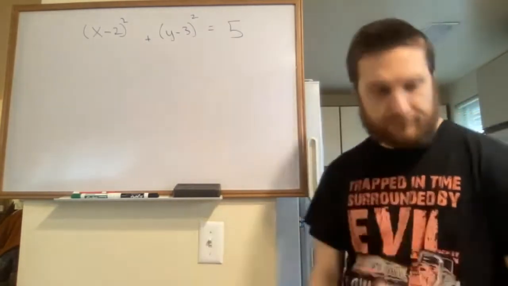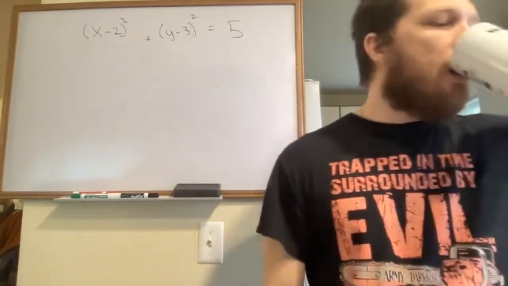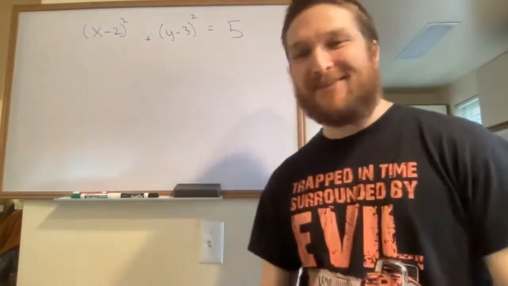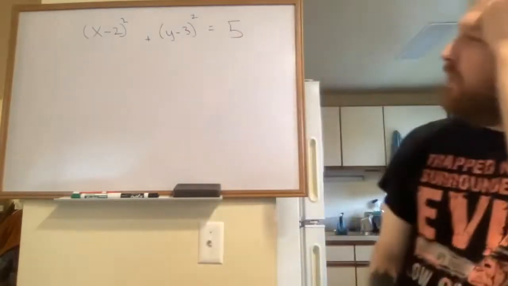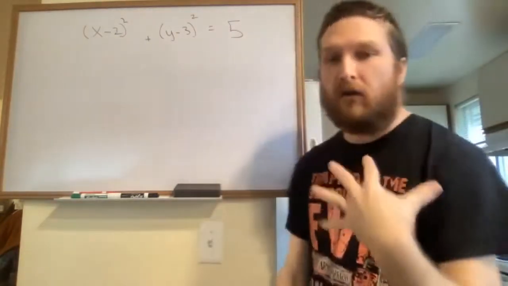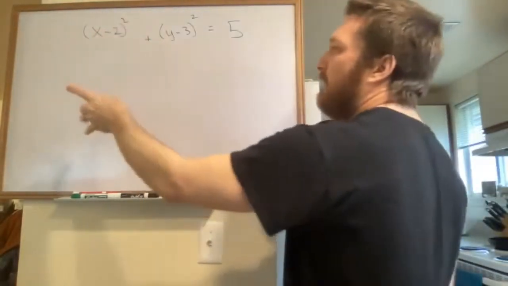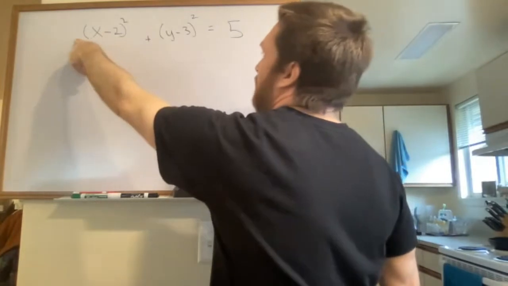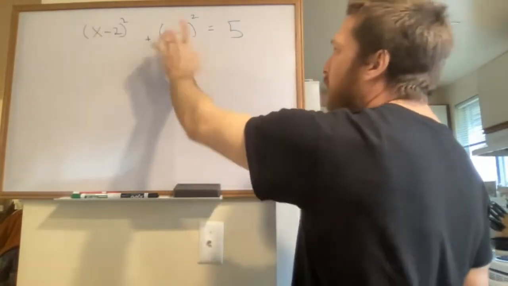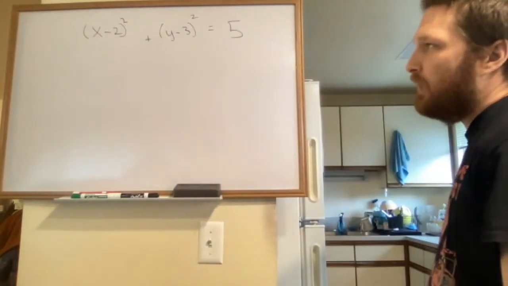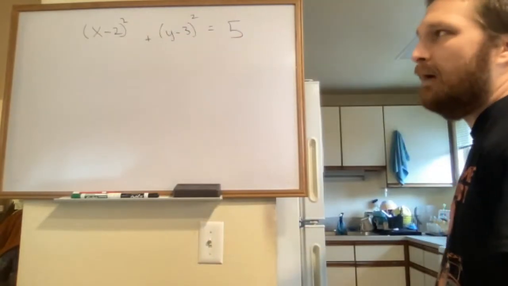How do you know? Because it has the form of a circle, Justin. What I look for when I see this is, first, the thing that jumps out at me is there's no number out in front here, right? There's no number out in front of there. The only thing is that there's a number over here, right? And so that's immediately what my brain does.